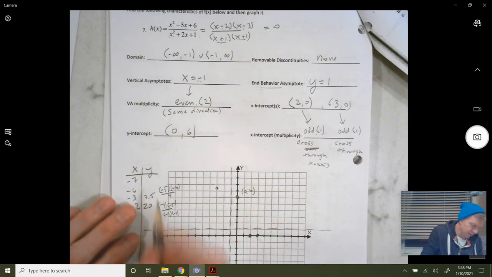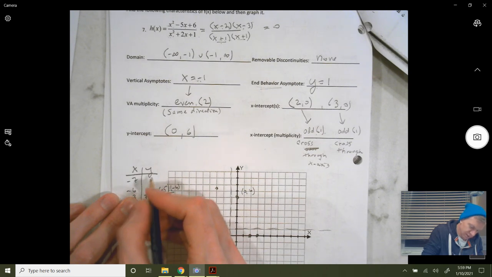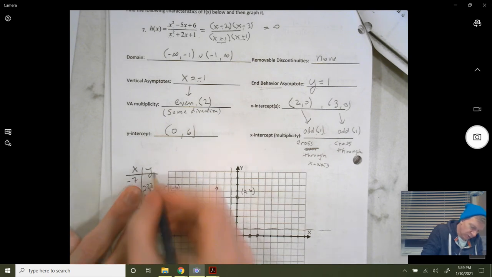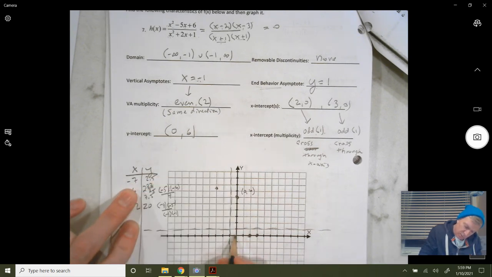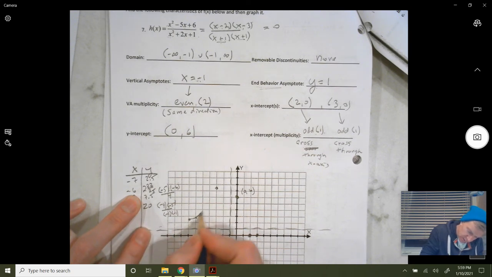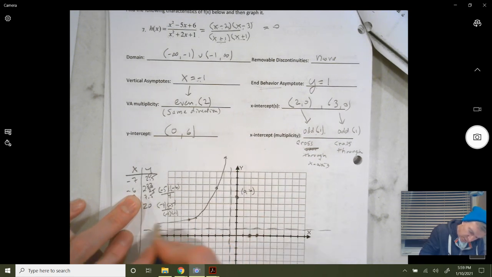If you plug in -6, you're going to get 2 and 22/25, so almost 3. At -7, you'd get 2.5. So you're going to get something that looks like this. Approach that asymptote. This is going to go off this way.